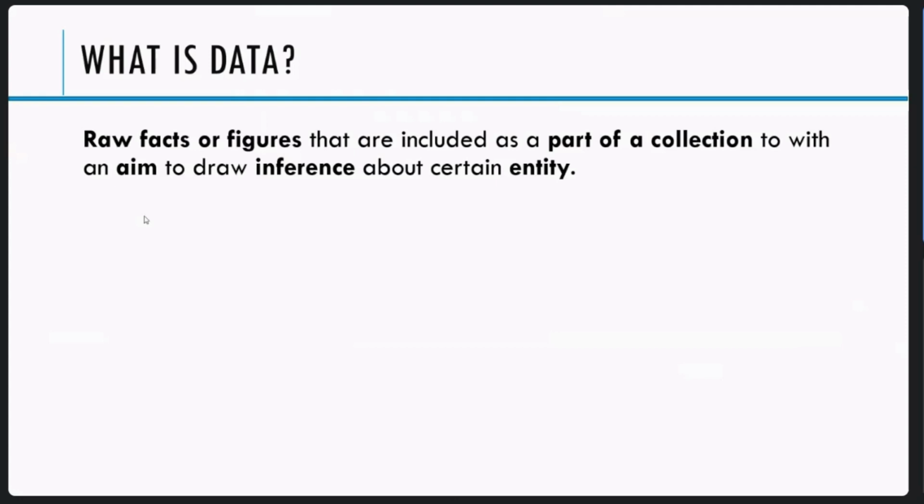Raw facts or figures that are included as a part of a collection to draw inference about certain entity. Data is associated with certain aim. Here you can see I have bolded some of the key points which you can mark very clearly. You just give focus on that.